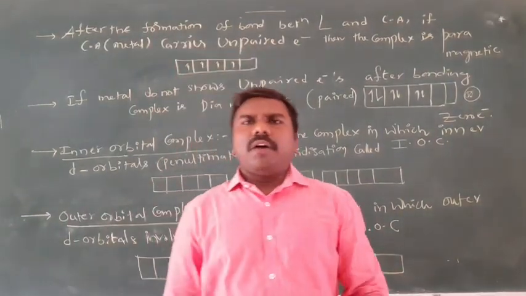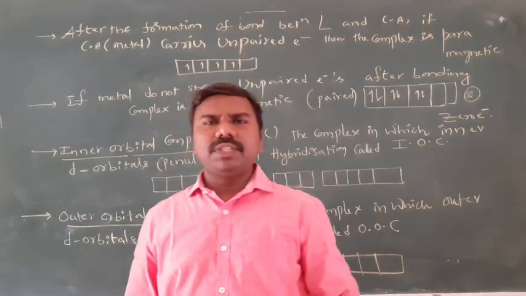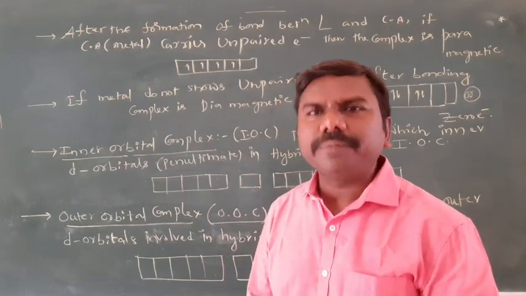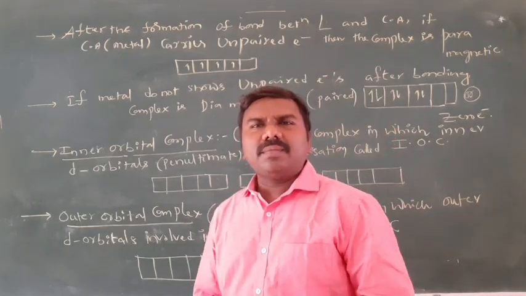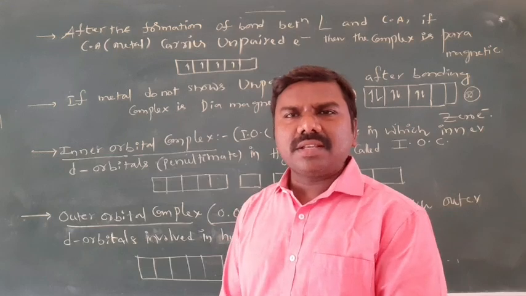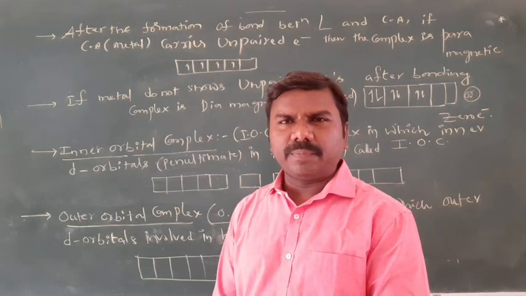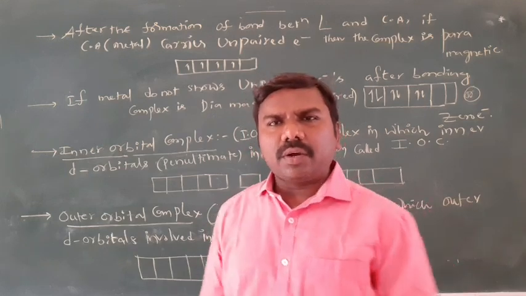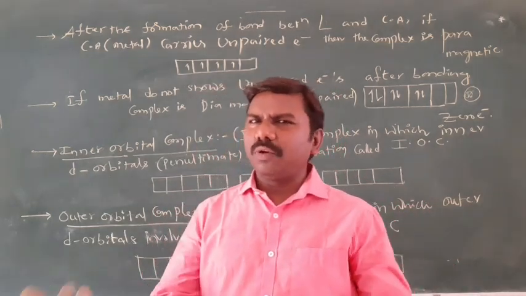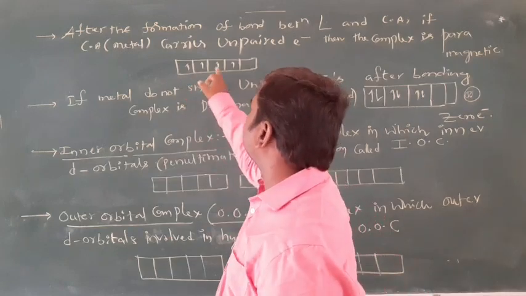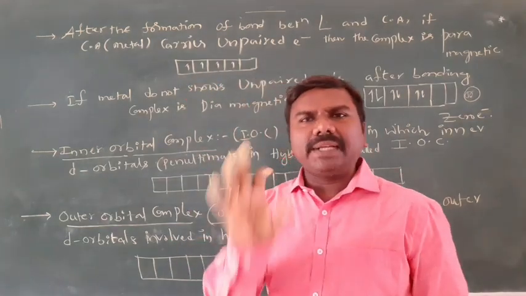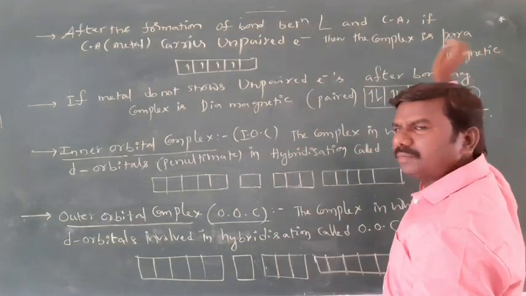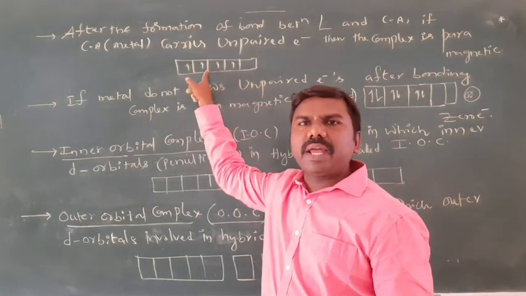Okay students, after the bond formation between the ligand and central metal atom, that may be sigma or pi bond, the central metal atom is a d block element. It has d orbitals. In d orbitals, if any unpaired electrons are there, whether it is 1, 2, 3, 4, whatever, such a complex is called a paramagnetic compound due to the presence of unpaired electrons.